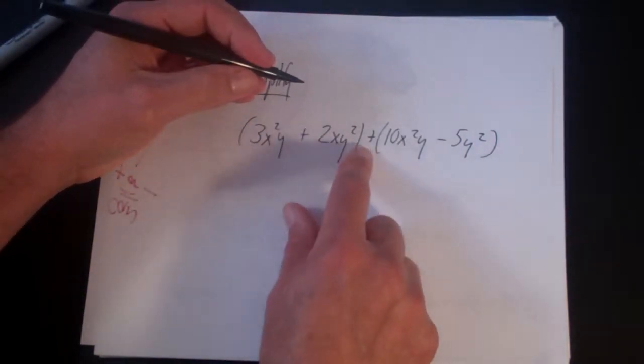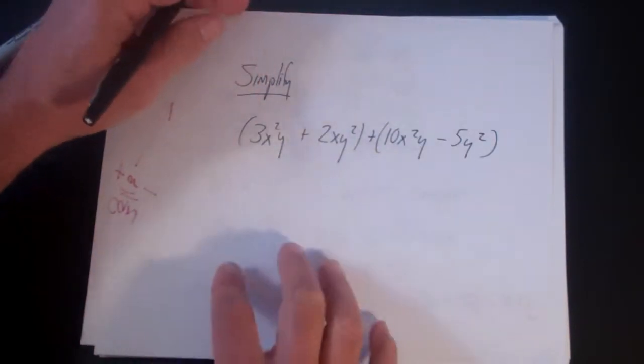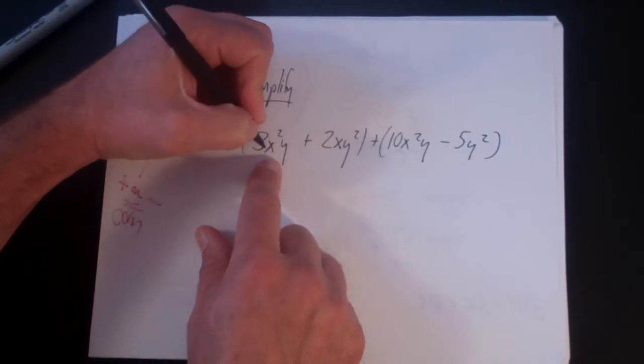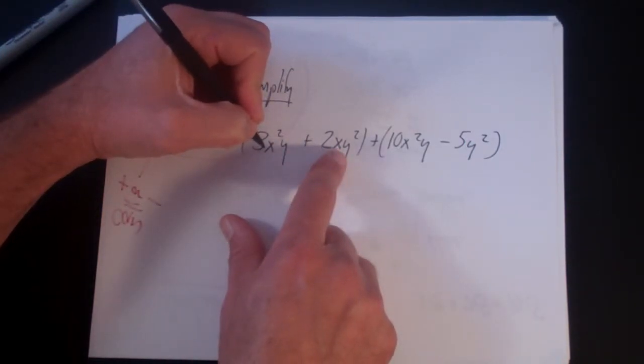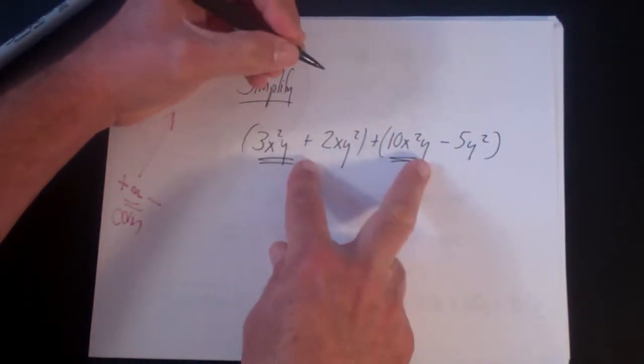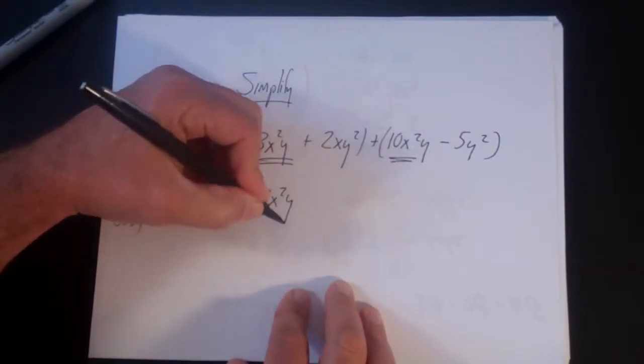Again, the plus here means the parentheses don't matter. You're just combining like terms. You have to be careful with like terms here. This has an x squared and a y. For it to be a like term, it also has to have an x squared and y. This one does, so this one and this one are like terms. You have 3 of something and 10 of something, so you have 13 of something.